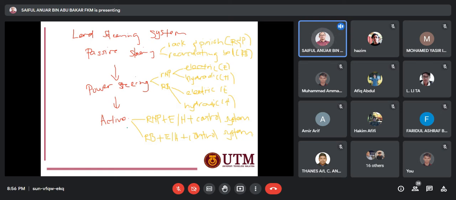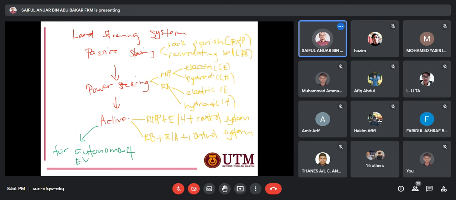The type of steering system used in autonomous vehicle is this one. So this one is typical for autonomous vehicle and EV, electric vehicle.